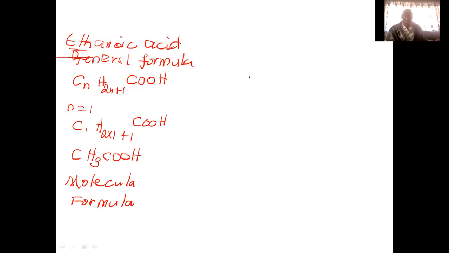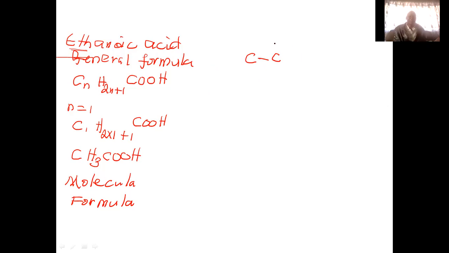And so, as we indicated earlier on, the structural formula is gotten from the molecular formula. And you notice that here, again, we have 2 carbon atoms. So we link the 2 carbon atoms with a single bond.